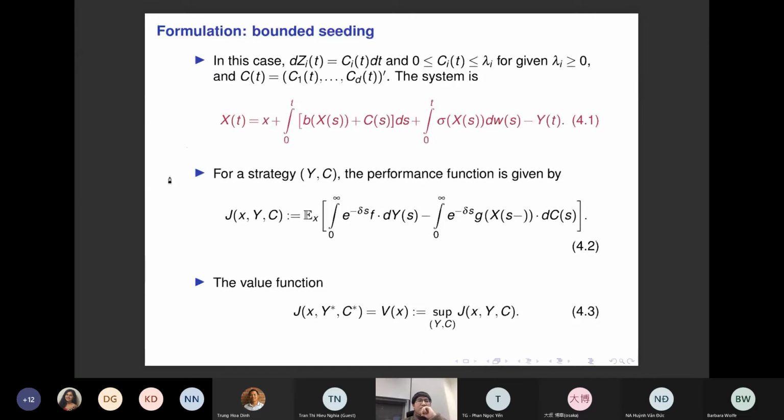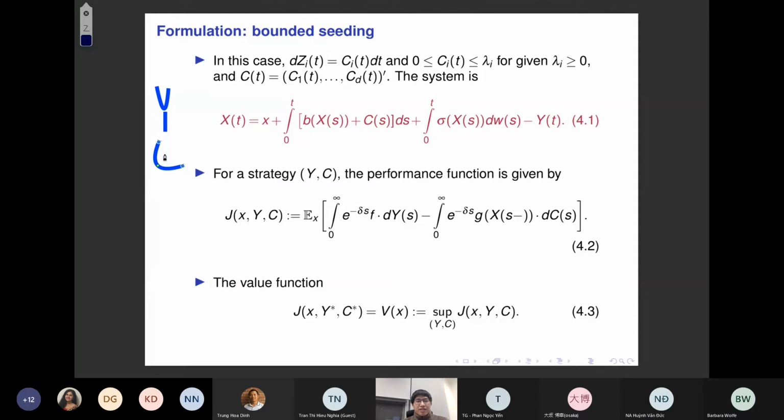Now I will introduce some other formulations. In the original model, we have Y_t and Z_t, and they are singular controls.